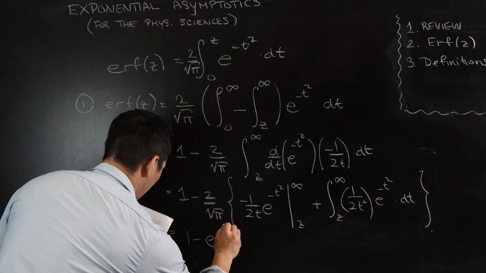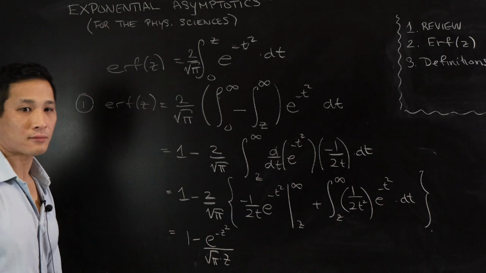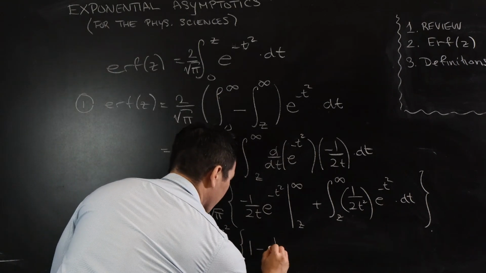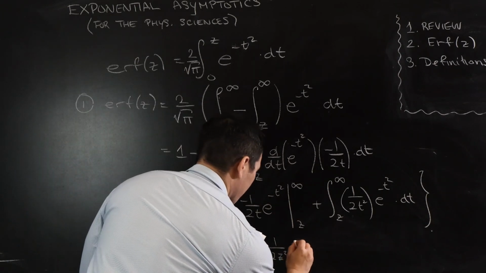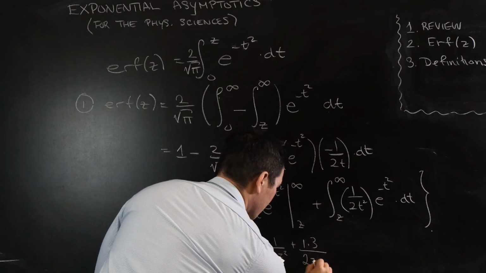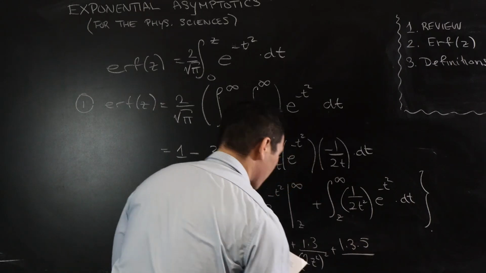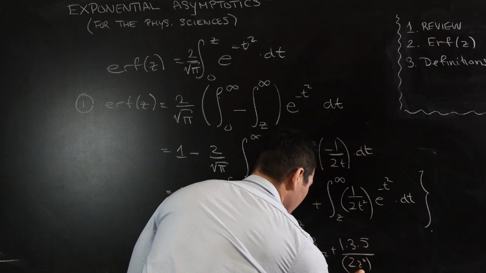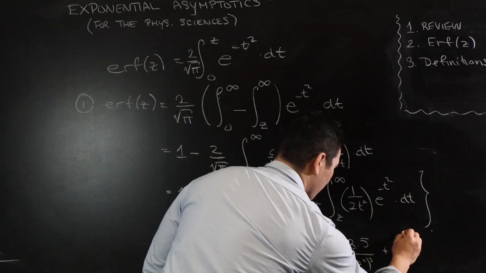All right? So in total, if you keep on going, you're going to have 1 minus e to the minus z squared over root pi times z. And then in brackets, 1 minus 1 over 2z squared plus 1 times 3 over 2z squared squared plus 1 times 3 times 5 over 2z squared to the power of 3, there's a minus, and so forth, and so on.